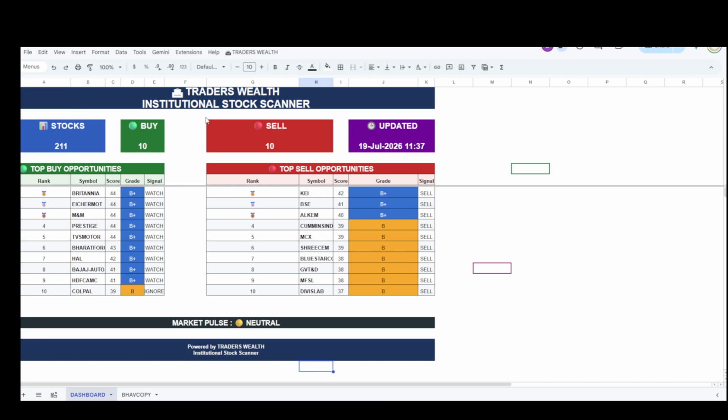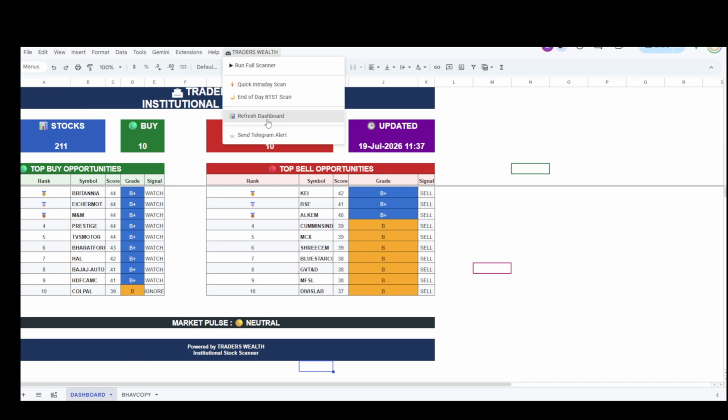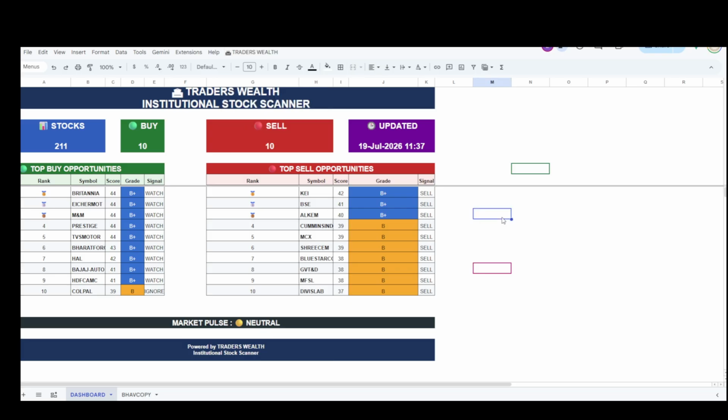At about 3:20, there is a tab given here at the end of the day; you can click over here and find the BTST stocks also. It filters 215 or 230 stocks and lets you know the best stocks in chronological order with a ranking system.